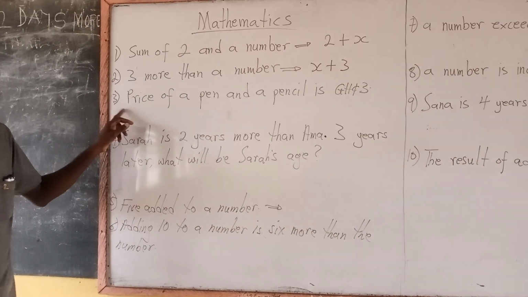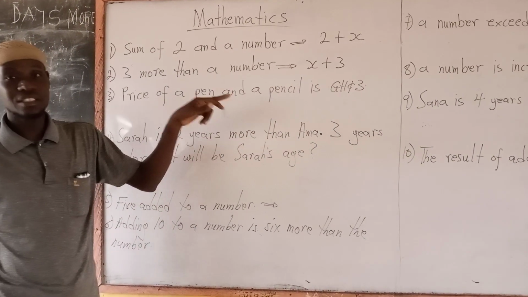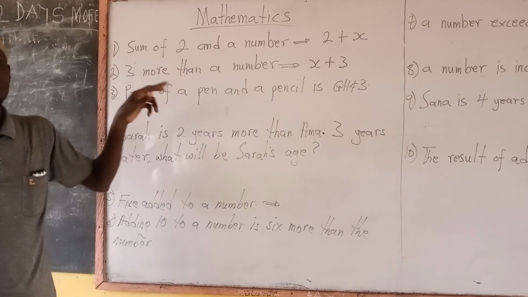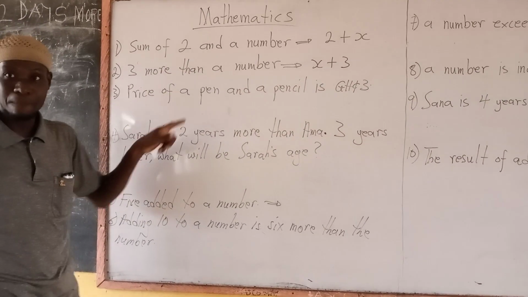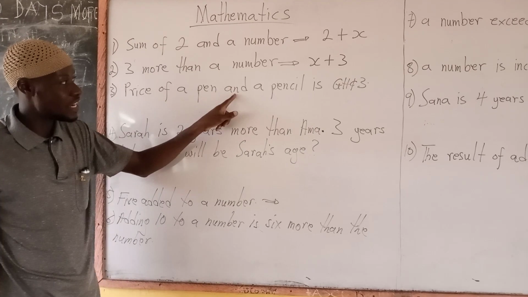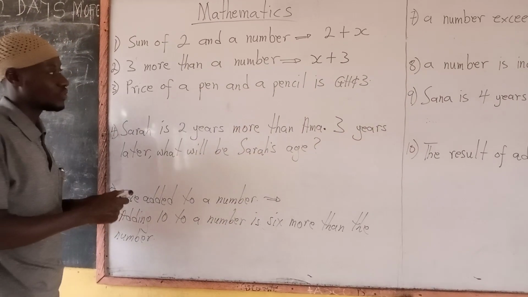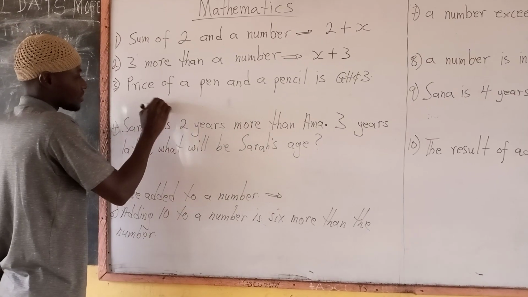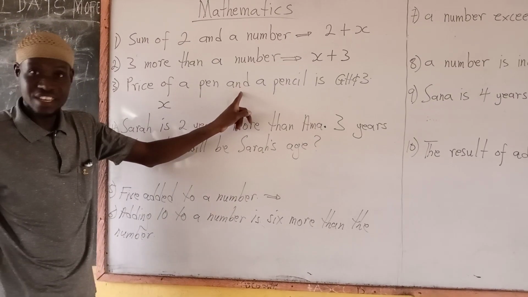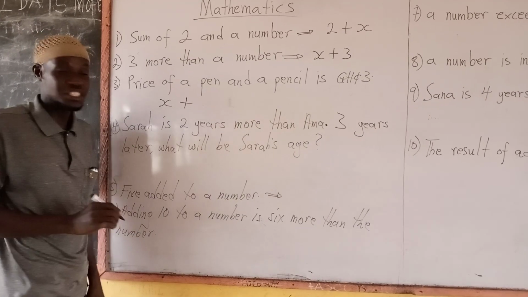Then the third one: the price of a pen and a pencil is 3 Ghana cedi. Let's say the price of a pen is x. They say "and", so the "and" here stands for addition.